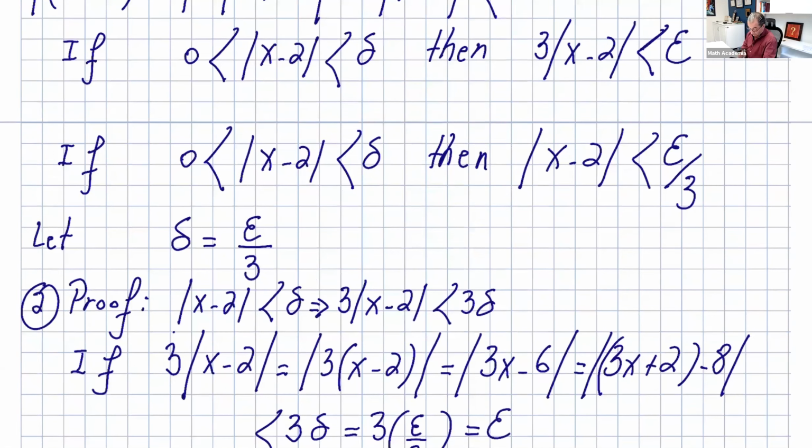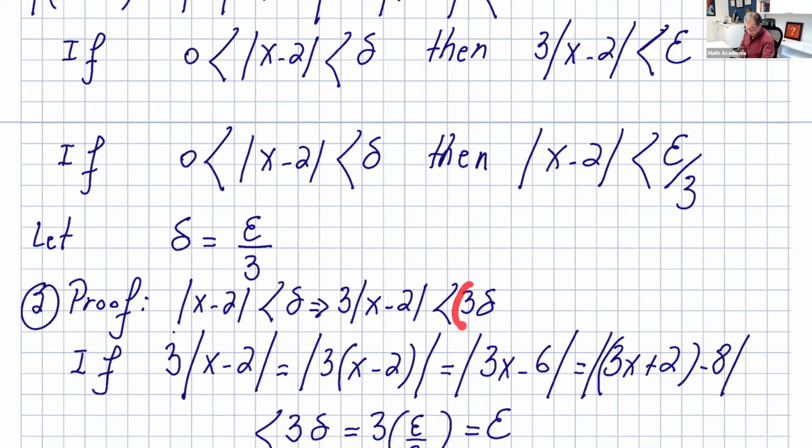The proof. Now this one, if you want to start like that, that's completely all right. So just write, we know that the absolute value of x minus 2 is less than delta. If you multiply both sides by 3, then 3 times the absolute value of x minus 2 is less than 3 times delta.